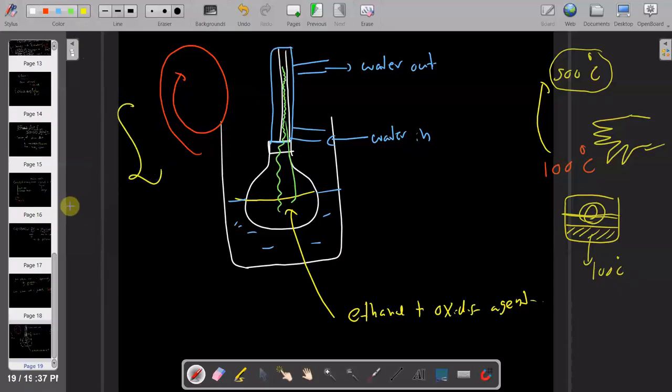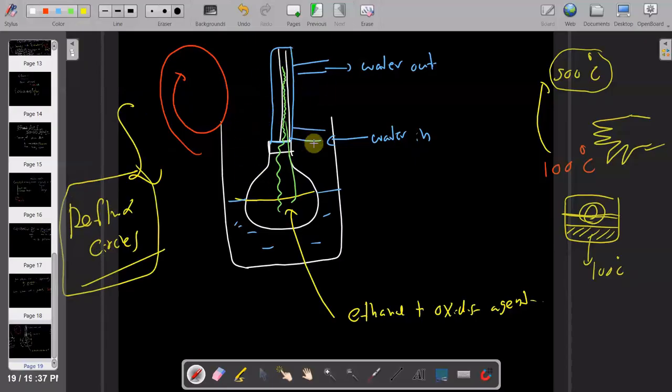Once several cycles are going on, we know it gives a better yield, right?